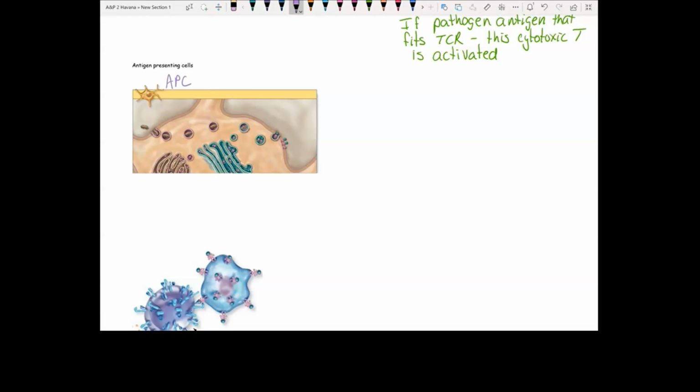There are 3 cells in your body that are eligible to be antigen-presenting cells. These are B cells, dendritic cells. You might recognize this from Chapter 6. We talked about epidermal dendritic cells and macrophages.